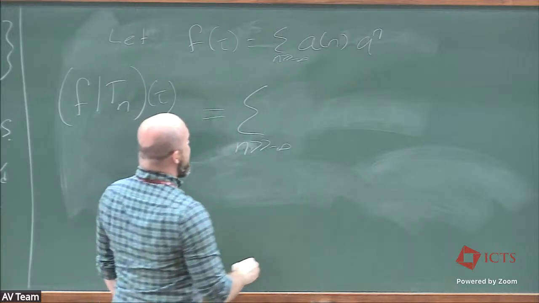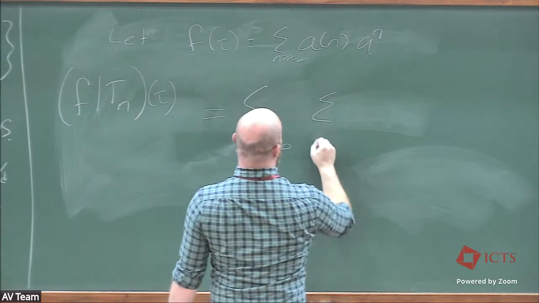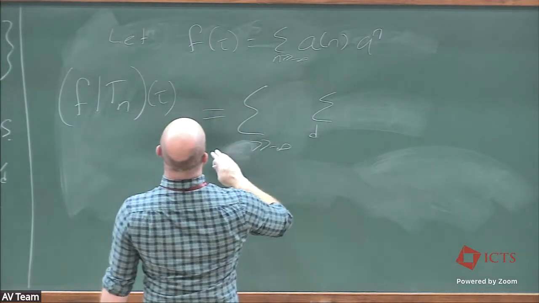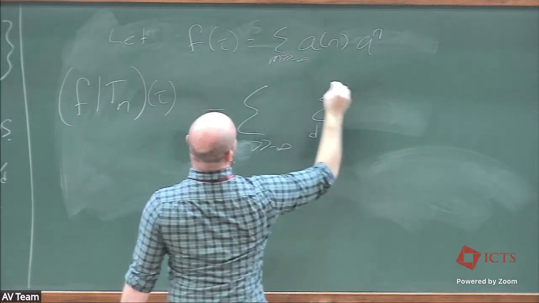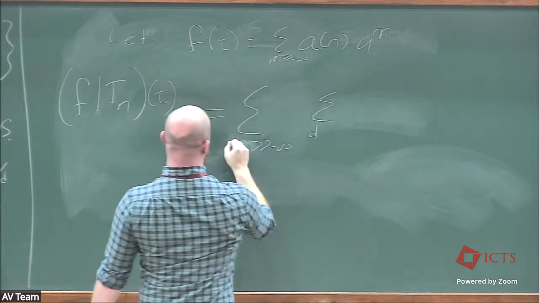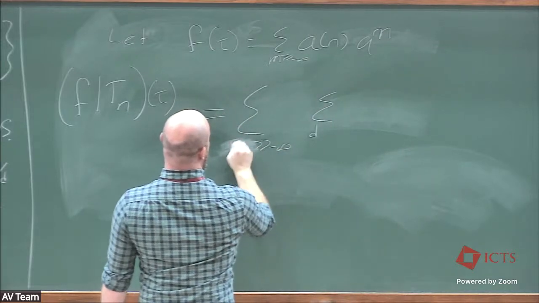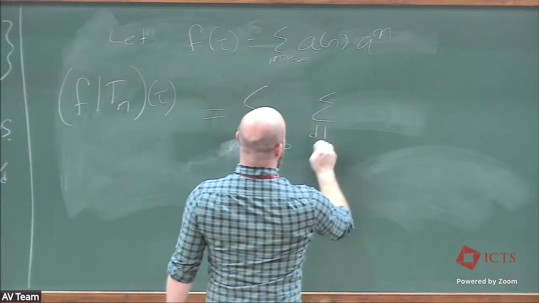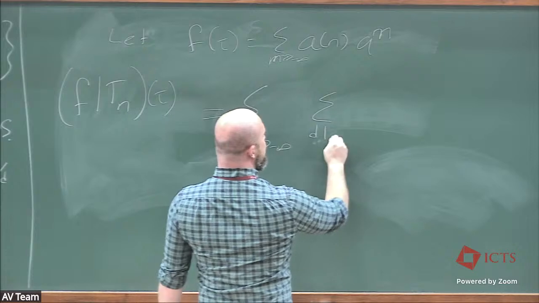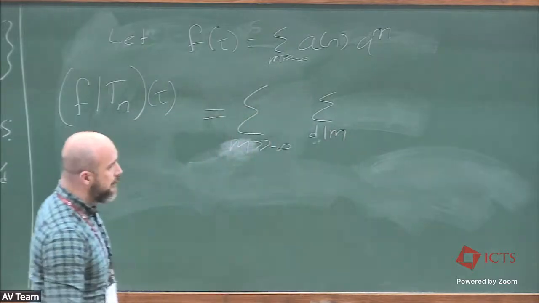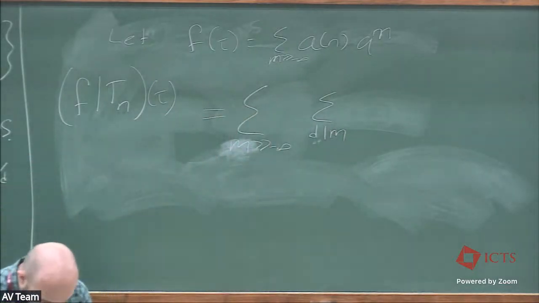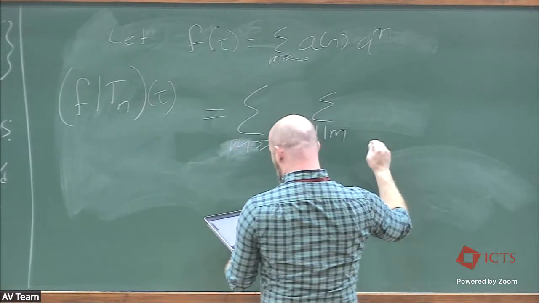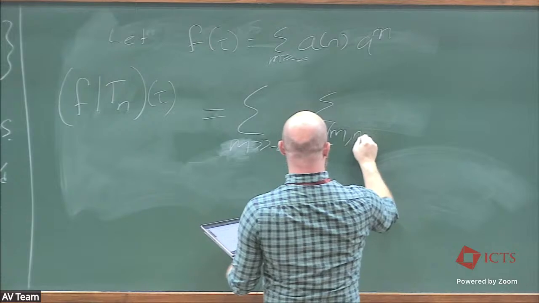Now inside here, we're going to have a sum over, let's go ahead and call this m, not to confuse with my n for my Hecke operator. I'm going to end up having a sum over all divisors of m comma n.